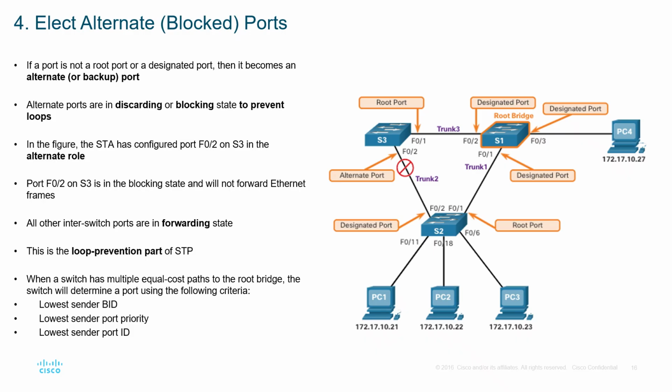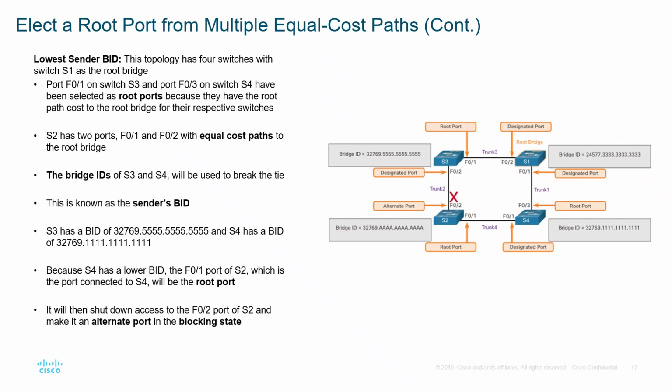When a switch has multiple equal cost paths to the root bridge, the switch will determine a port using the following criteria: the lowest sender BID, the lowest sender port priority, the lowest sender port ID. So, lowest sender BID.